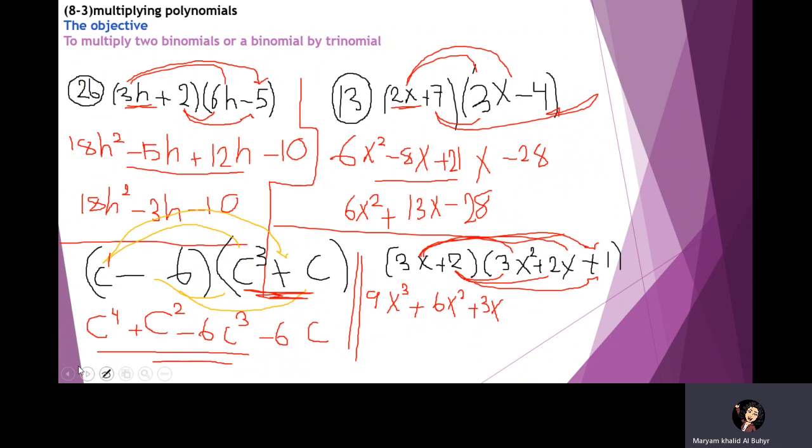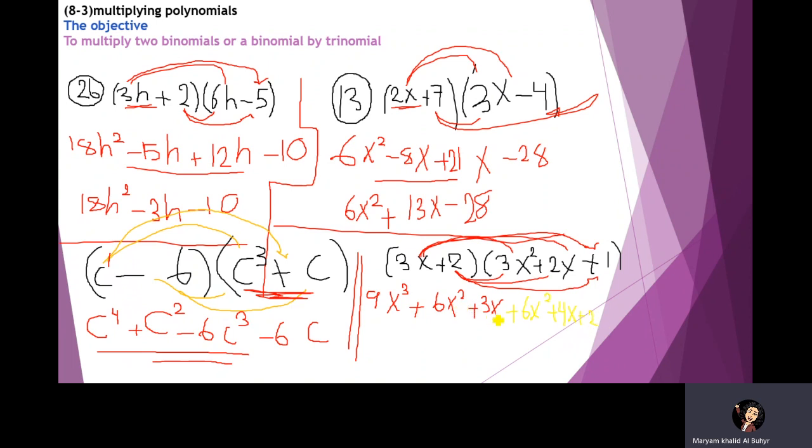You will go to the next part. 2 times 3x to the power 2, so that will be plus 6x to the power 2. 2 times 2x, so that will be plus 4x. Finally, 2 times 1, it's plus 2.